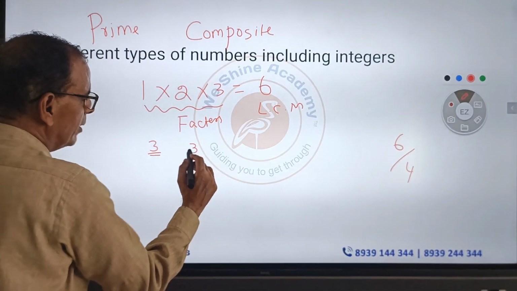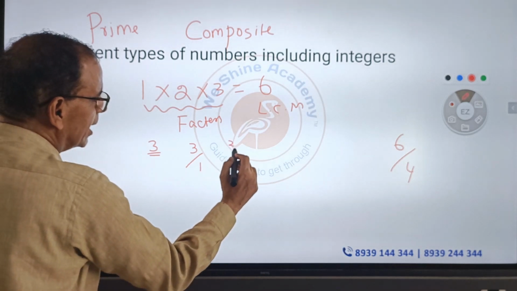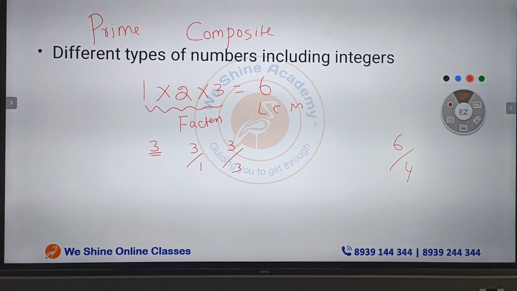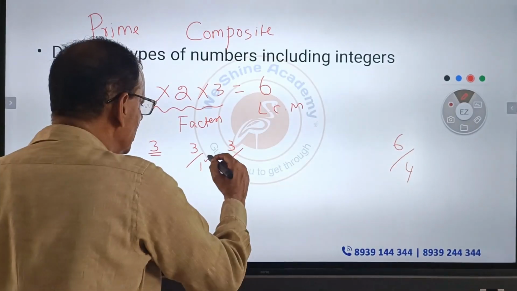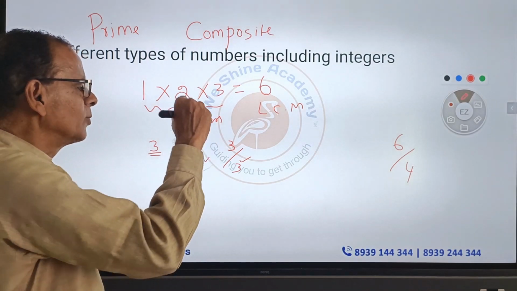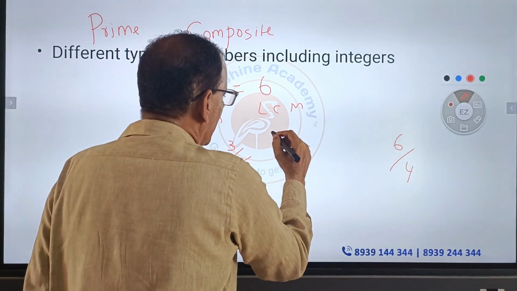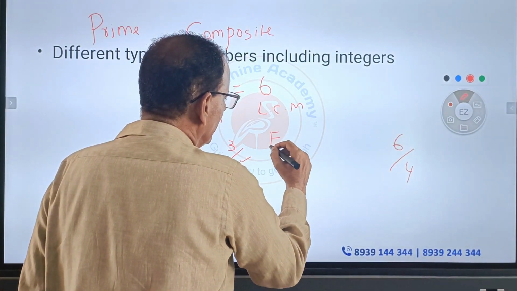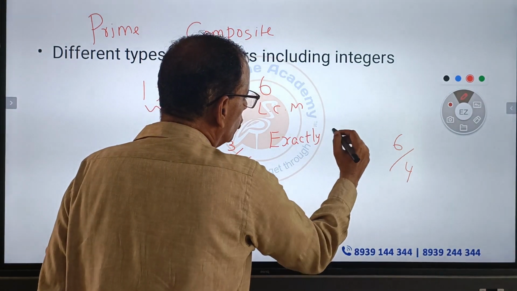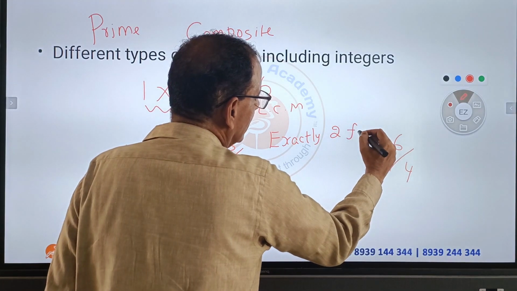Number 3 can be divided by 1 and by 3 only. That means the factors of 3 are 1 and 3. Exactly how many factors are there? 2 factors are there.